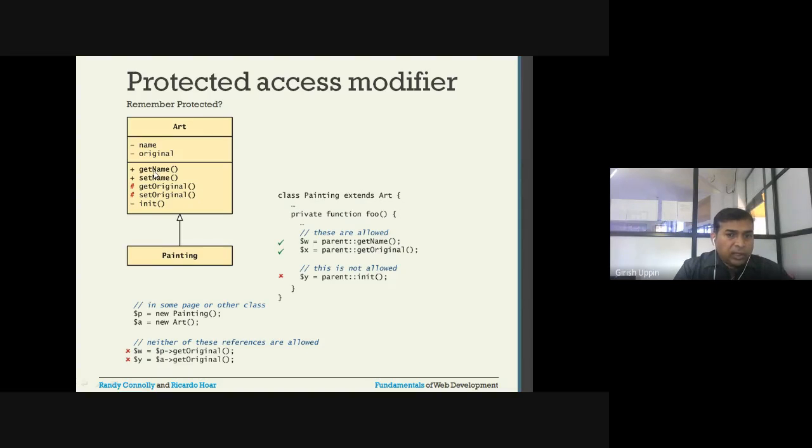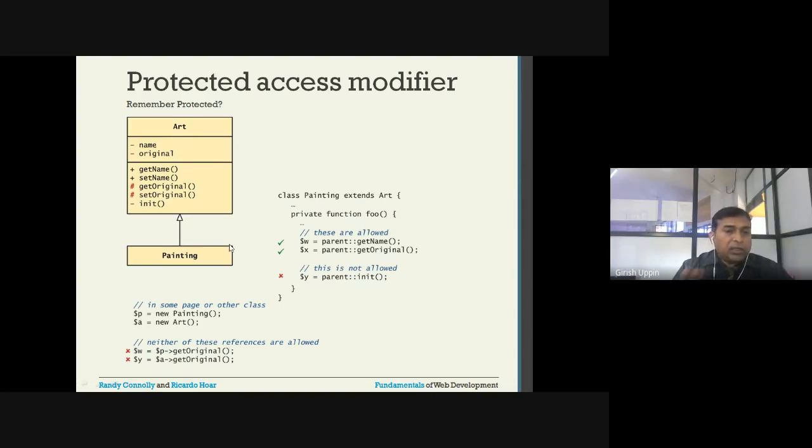So this getName is allowed. Then $x is equal to parent::getOriginal. This is also allowed because the child class can access the parent's protected members also. Then if you see here, $y is equal to parent::init. If you see init, it is a private method of art.